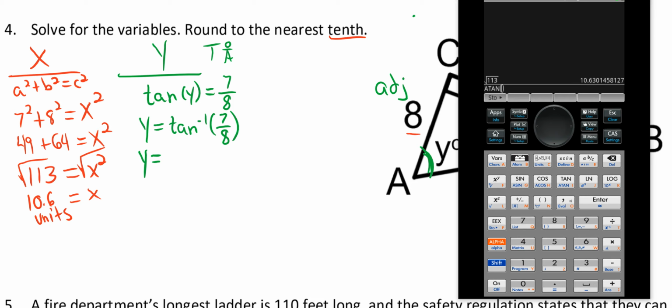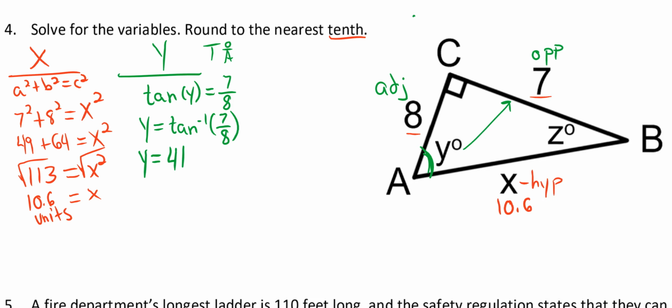For you guys, it's second tangent. 7 divided by 8. And we get an answer here of 41.1859. But since we're rounding to the nearest tenth, it's just going to be 41.2 degrees. All right, so that's y, 41.2.